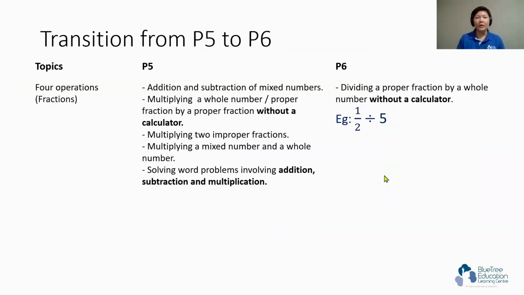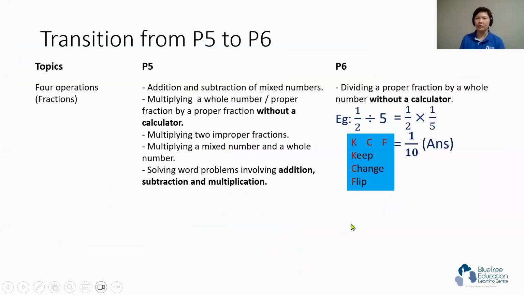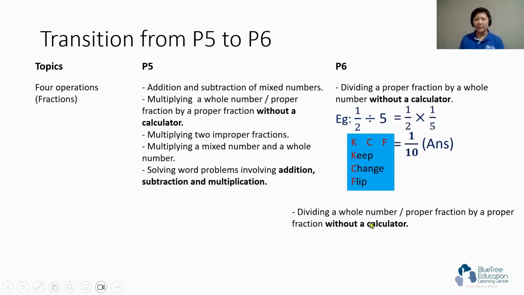Okay, all right. So what BlueTree has done is that we are very aware of what the children need to learn from P4, P5, P6. What's the transition and what are the things that they need to learn to reinforce with the children, to remind them on how to work out these questions. Sometimes they're not even on the calculator segment, you see. So you half divide by 5.